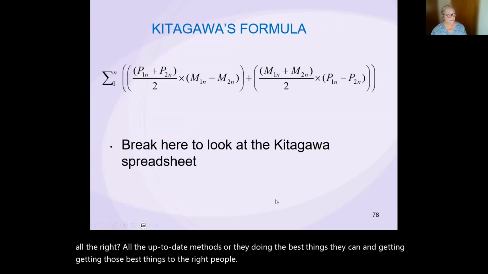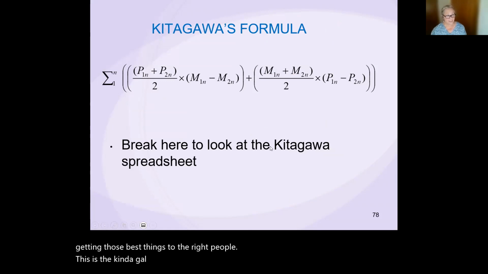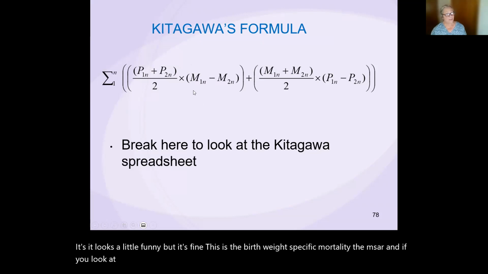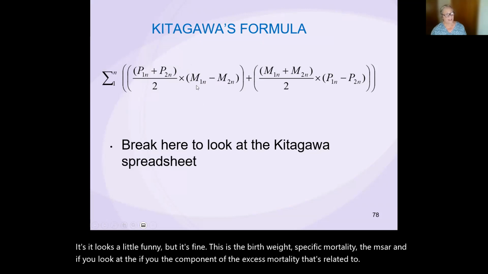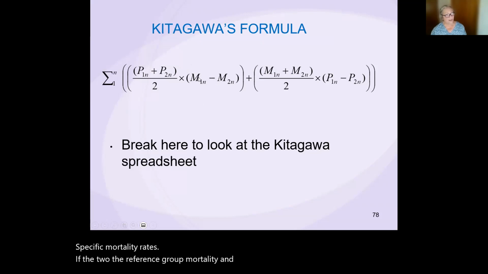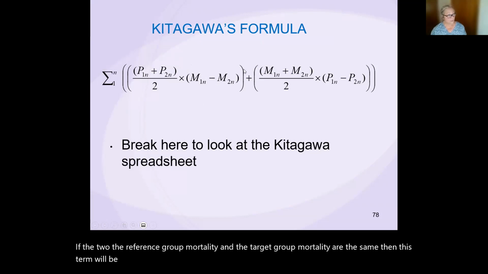This is the Kitagawa formula. It looks a little funny, but it's fine. This is the birth weight specific mortality, the M's are. And if you look at the component of the excess mortality that's related to specific mortality rates, if the reference group mortality and the target group mortality are the same, then this term will be 0 and this term will be 0.